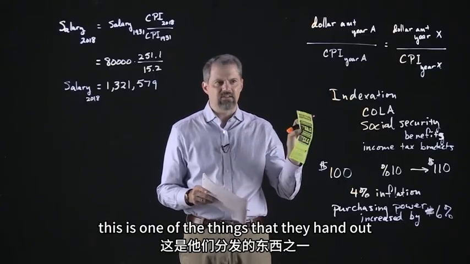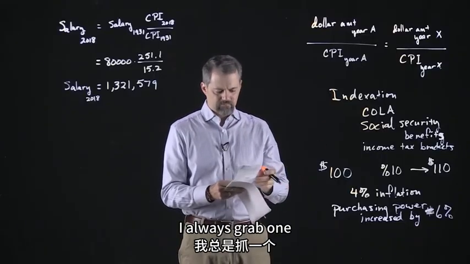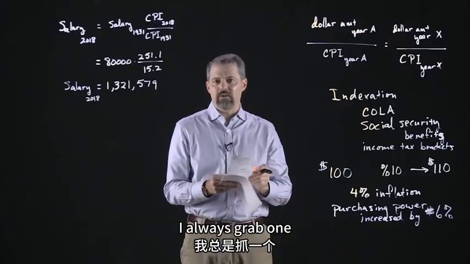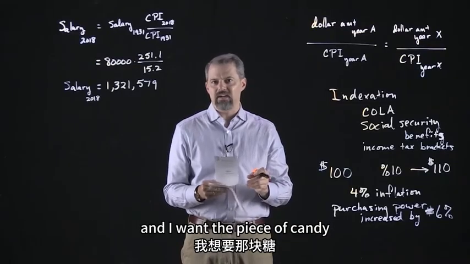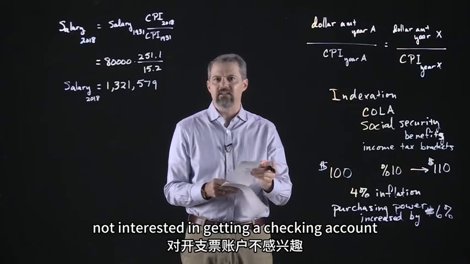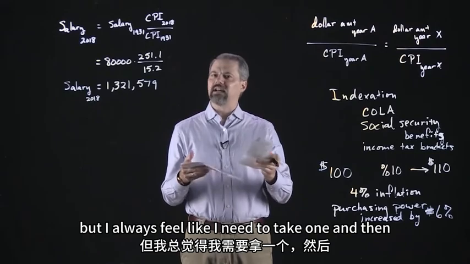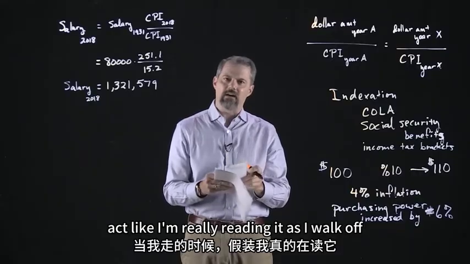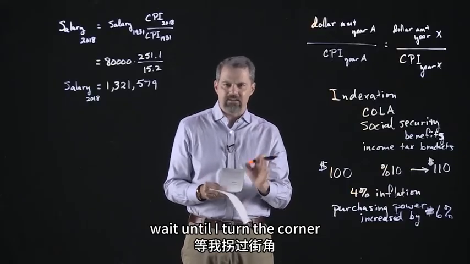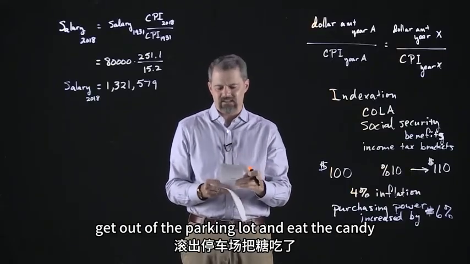I always grab one, because there's a piece of candy attached to it and I want the candy. I'm really not interested in getting a checking account, but I always feel like I need to take one and then act like I'm really reading it as I walk off, but really I just want to wait until I turn the corner, get out in the parking lot, and eat the candy.